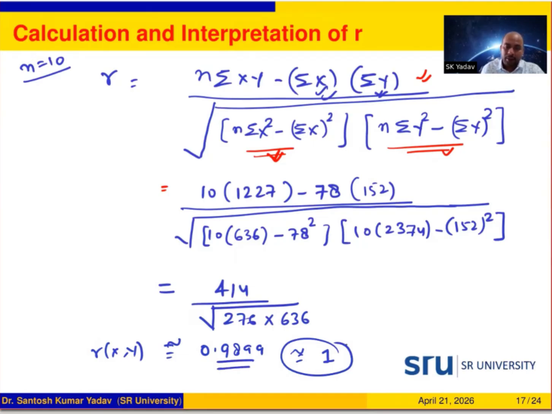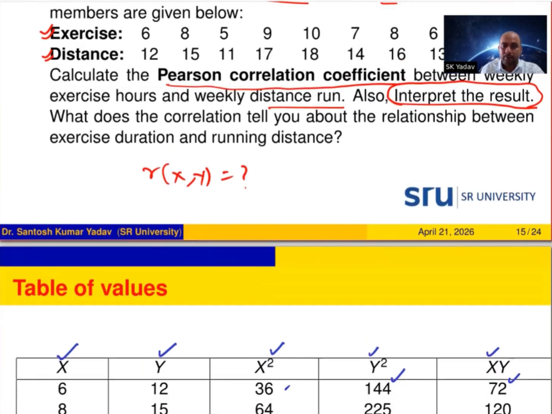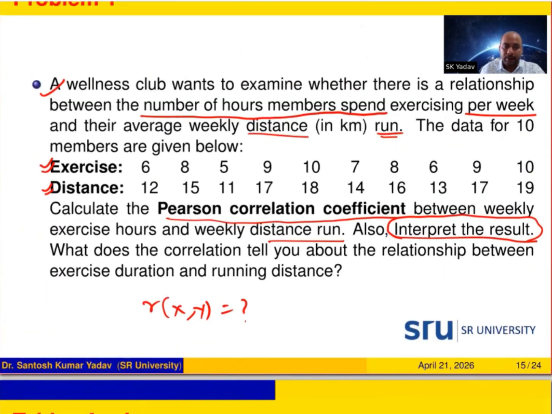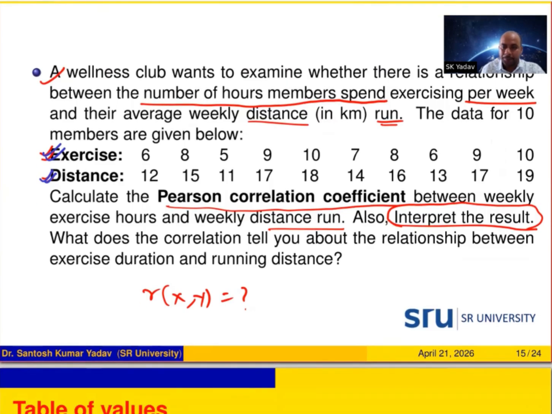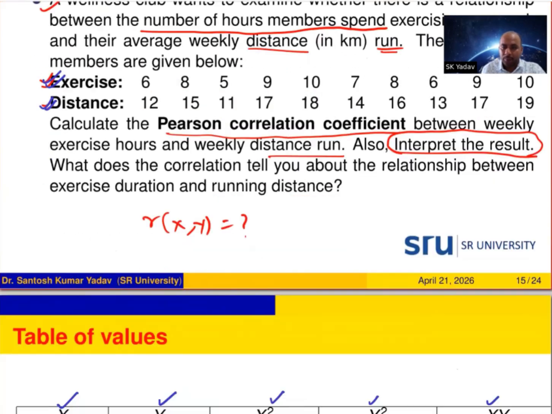And because r is near to 1, a very positive and strong kind of correlation is there between x and y. And that means as the number of hours per week is increased, the running distance also increases. Okay, which is common.